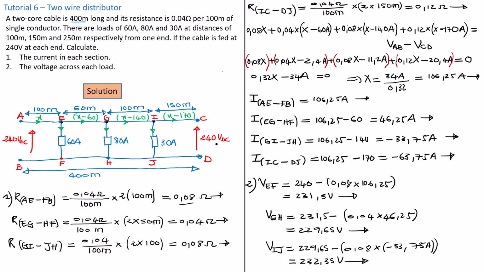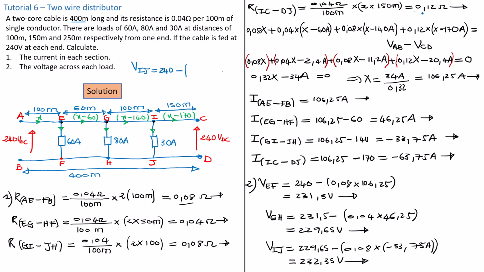Now we're going to calculate the same voltage across this point, but this time by using the voltage from the other end of the input. So V is going to be 240 volts minus the voltage drop on this section. The voltage drop on this section is equal to its resistance times the current.